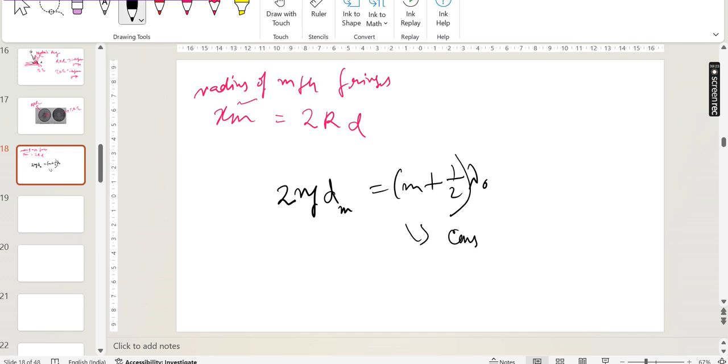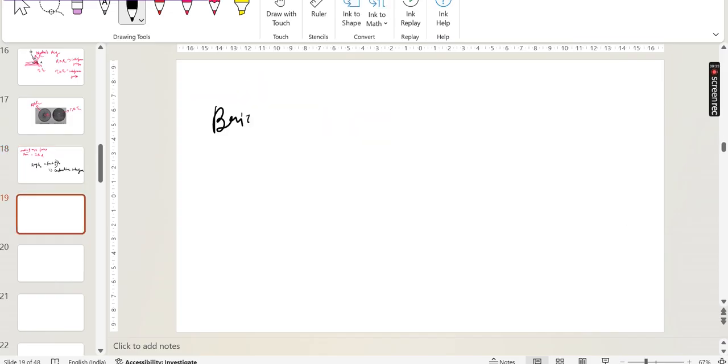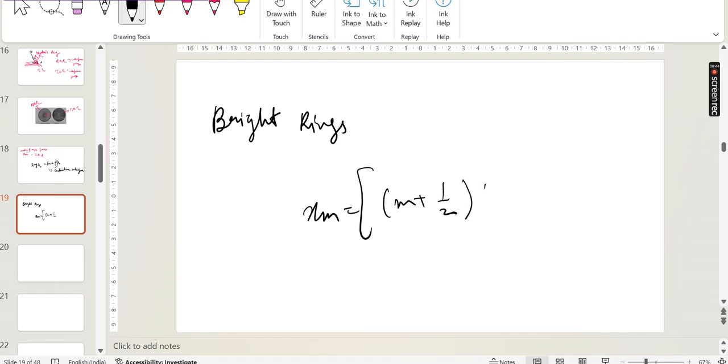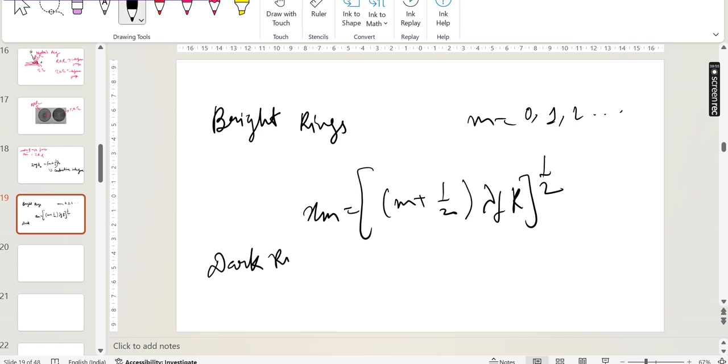This is constructive interference. For bright rings, xn is root over (n plus half) lambda R, where n starts from 0, 1, 2, and so on. For dark rings, xn is root over n lambda R.